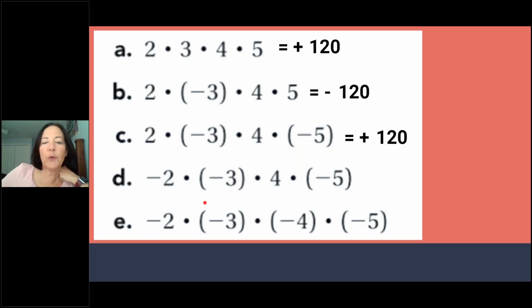Okay, so the next one says negative 2 times negative 3 times positive 4 times negative 5. What's that answer going to be, positive or negative? Was the 2 positive or negative? The 2 was a negative. So negative 2, negative 3, positive 4, negative 5.